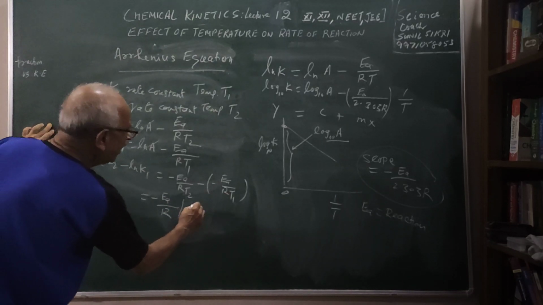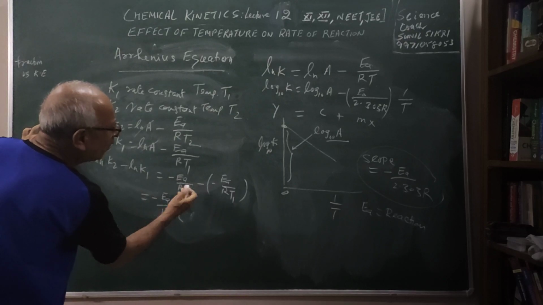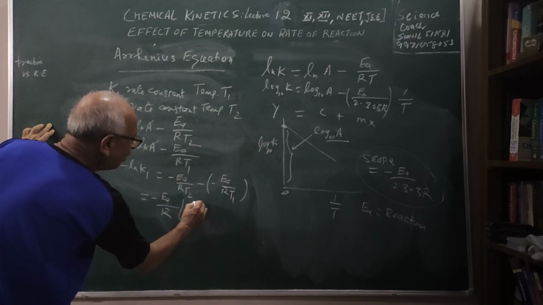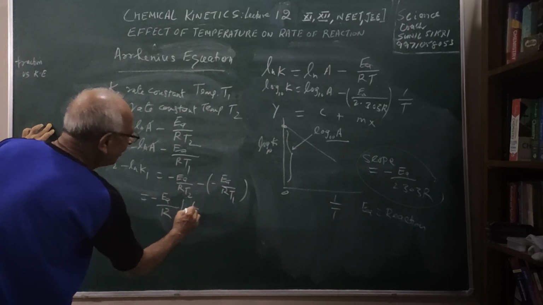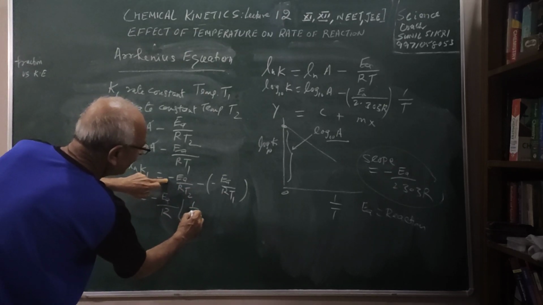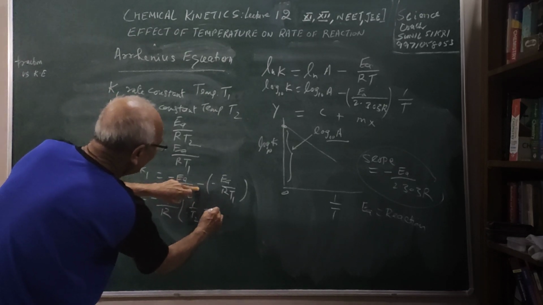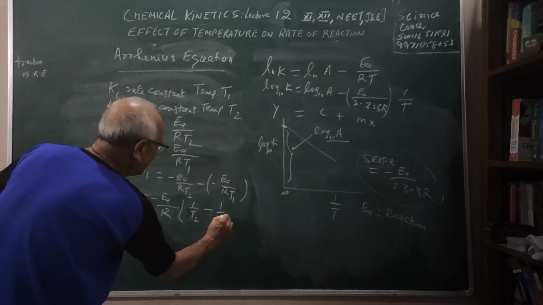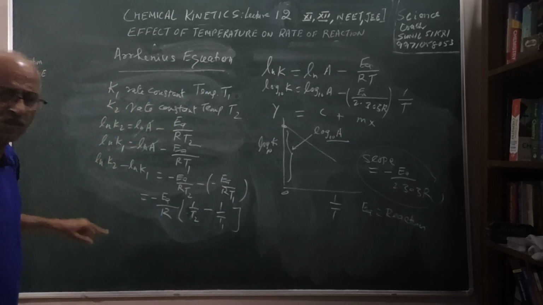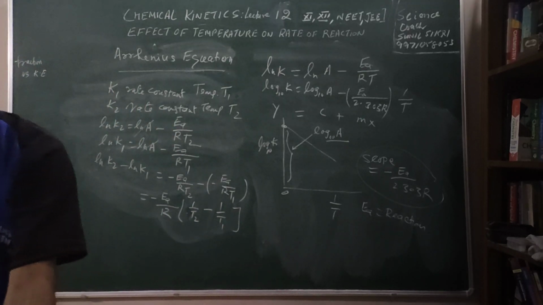So minus EA by R is common. Taking the minus common, we get 1 by T2 minus 1 by T1. So we can get a formula derived from this.